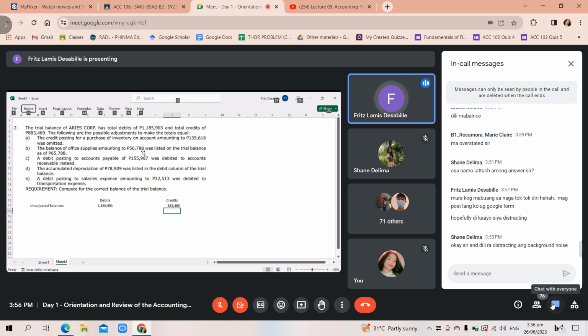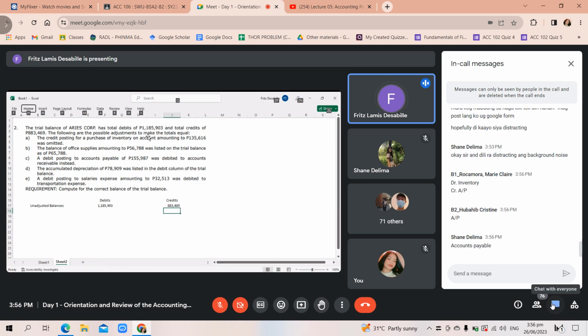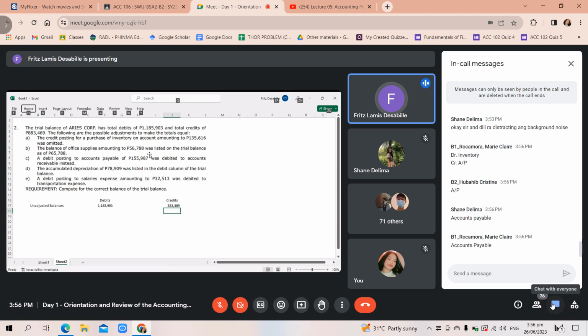So what's our original entry here? Kung nag-purchase ng inventory on account, what's our entry? Debit what? Debit inventory, credit what? Purchase on account. Accounts payable. No? Kaya on account man, no?